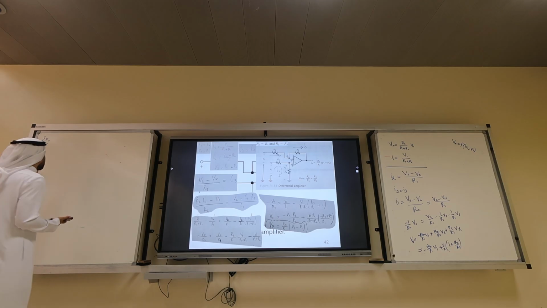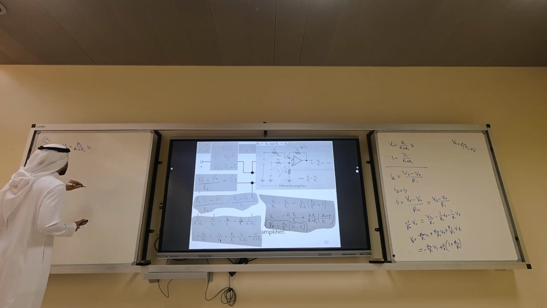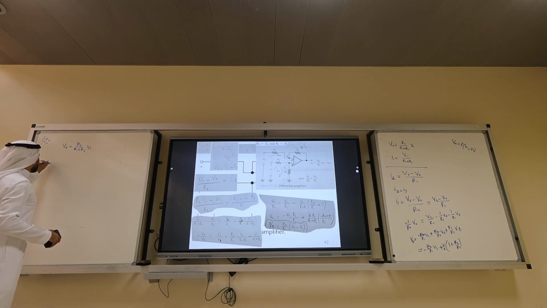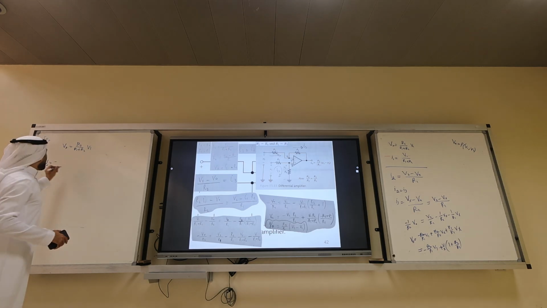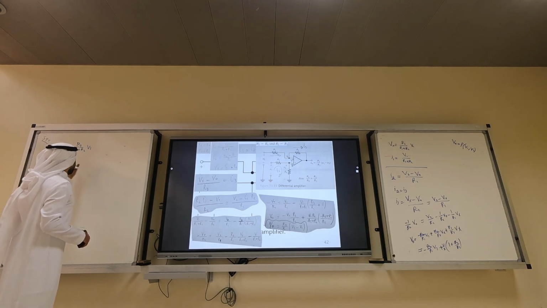Now I know that Vx equals R2 over R1 plus R2 times V1, right? And what was the signal here, V output? Minus R2 over R1 V1 plus Vx, what is Vx?